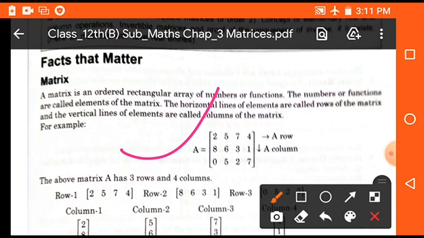For example, A is a matrix and there are some numbers like 2, 5, 7, 4, 8, 6, 3, 1, 0, 5, 2, 7 arranged between two lines, so it forms a matrix. Now the horizontal lines represent rows and the vertical lines represent columns, and all the elements which are present between two lines are called elements of the matrix.